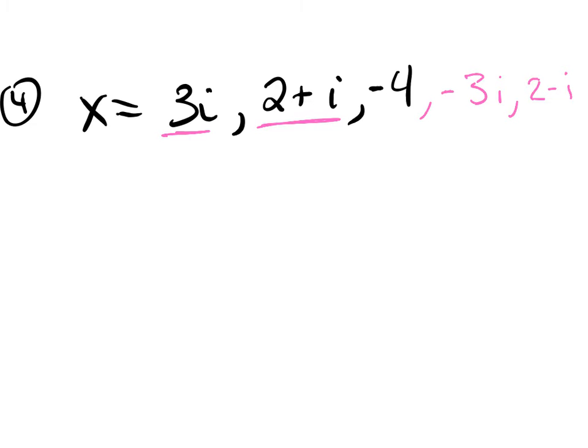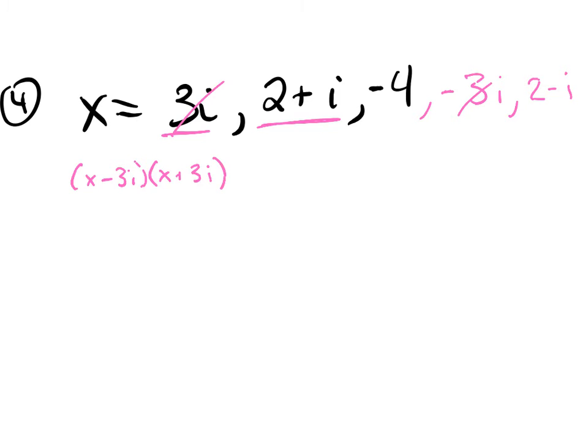So when I write my linear factors, I'm going to make sure the conjugates are next to each other. So I multiply those two together first. So I have x minus 3i, x plus 3i. So that's these two.